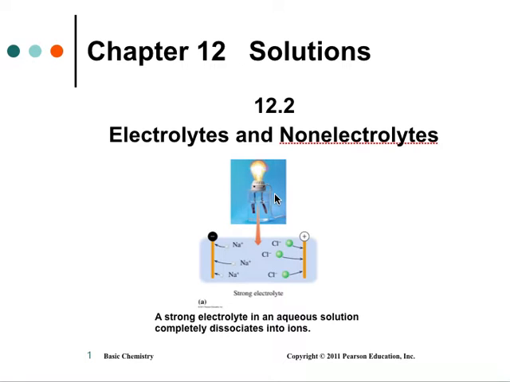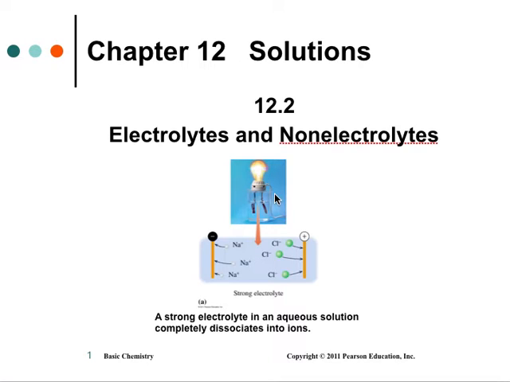Say any kind of solution that has any kind of solute that is positive or negative, those positives and negatives can move around in the water because it's all free to move. It's in a liquid. So an electrolyte has something to do with a charge that is free to move. A non-electrolyte is something that's not going to break down into charges.